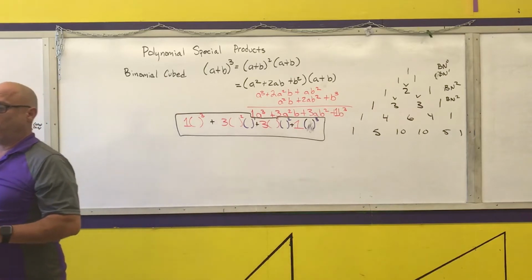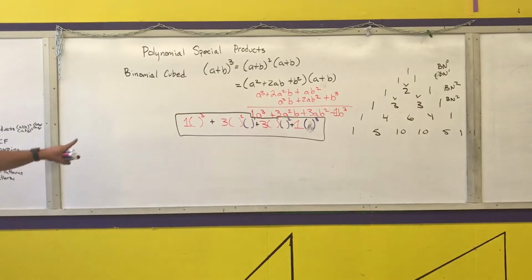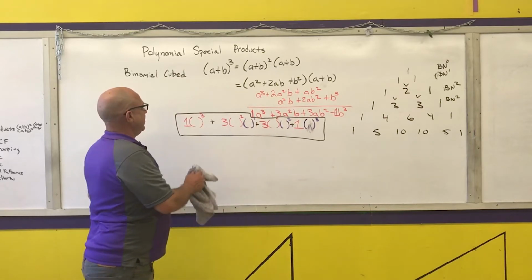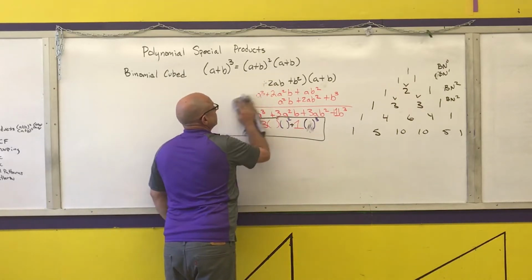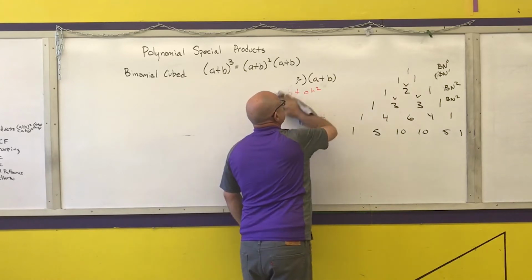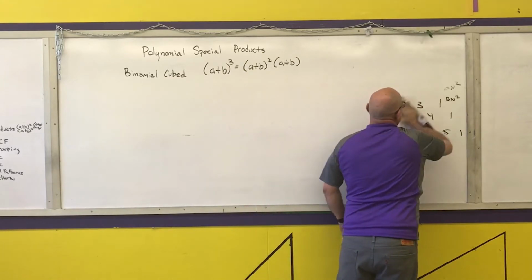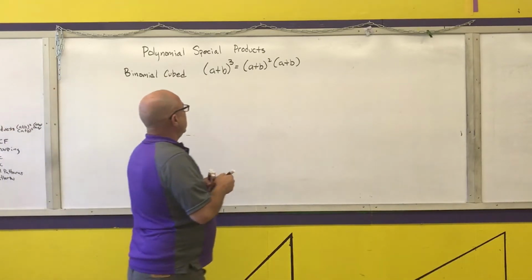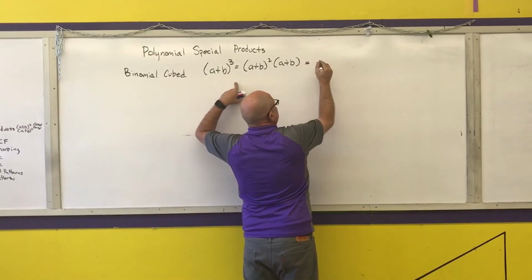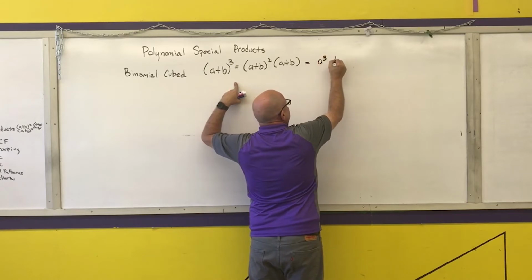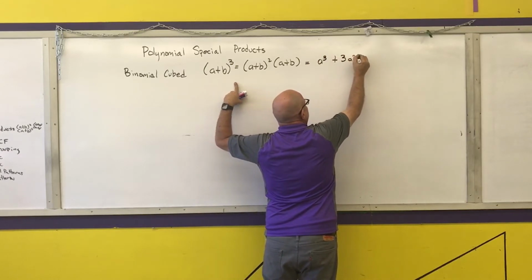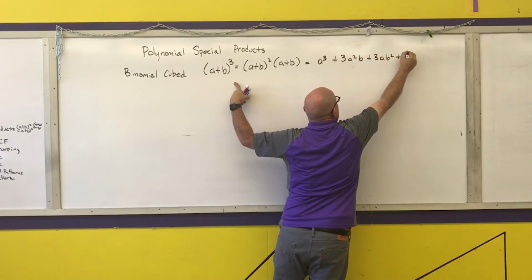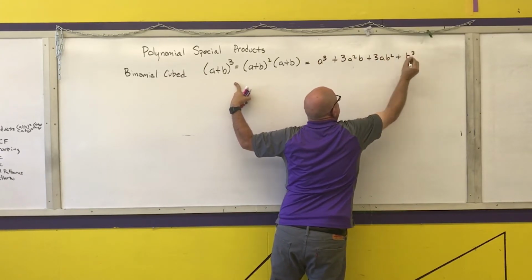So I'm going to rewrite this pattern up here, and then I'm going to do the 2 examples. So that is equal to a cubed plus 3a squared b plus 3ab squared plus b cubed.